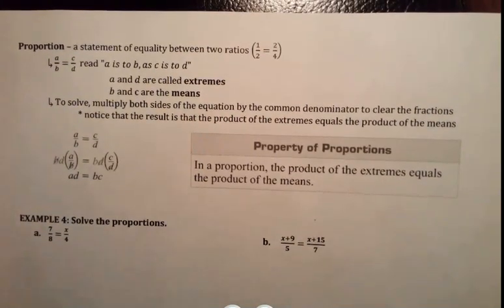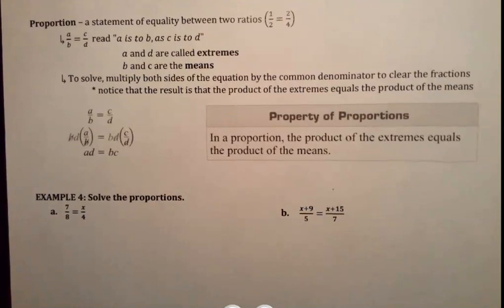So like 1/2 equals 2/4 is a really simple one that we know to reduce. But any proportion is going to look like A over B equals C over D, which is read A is to B as C is to D. A and D are called the extremes, while B and C are called the means.